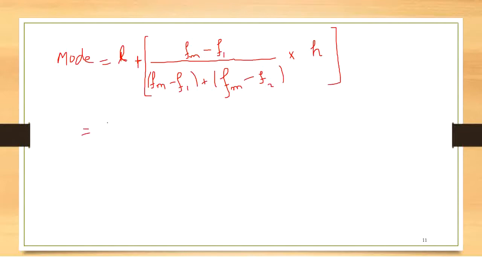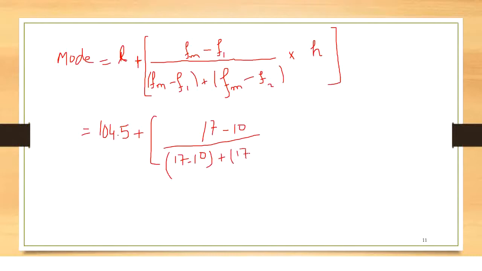So it will be, lower class boundary was 104.5, 104.5 plus, maximum frequency was 17, F1 was 10, 17 minus 10 plus 17 minus 10, into 20.